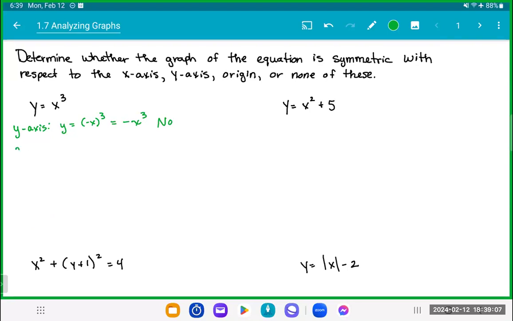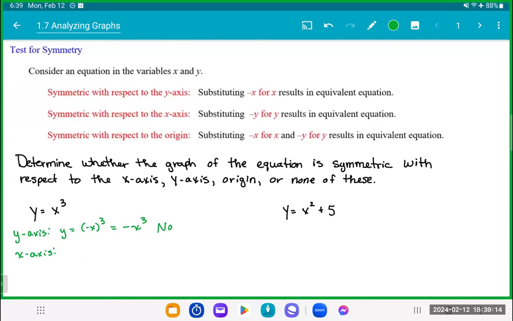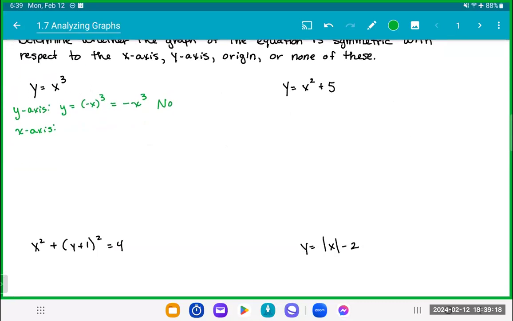Let's look at it in terms of the x-axis. With respect to the x-axis, we're substituting in a negative y for all of our y's. So that would be negative y equals x cubed. Now we want to simplify it.